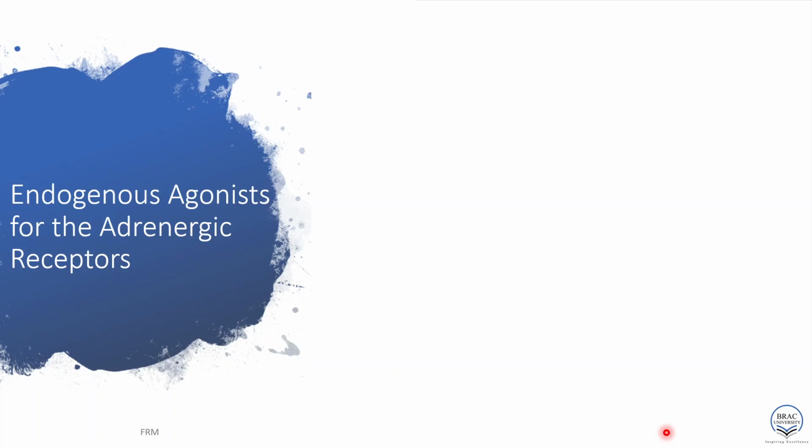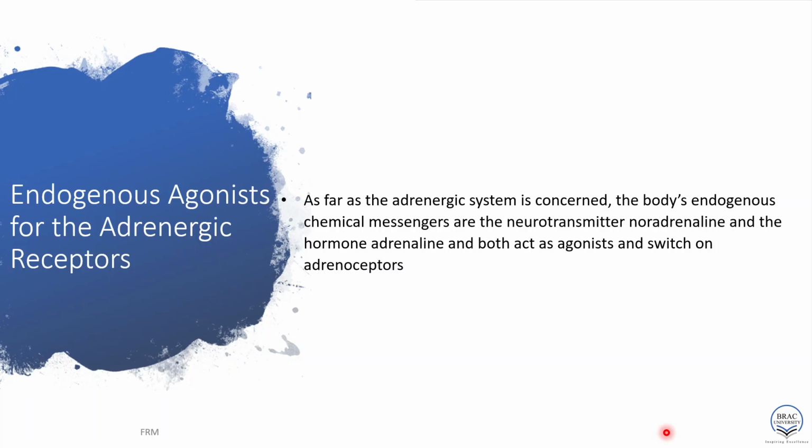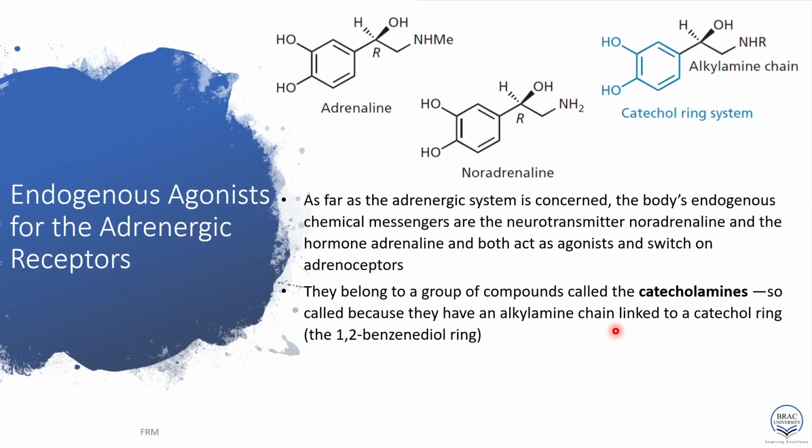We know that adrenaline and noradrenaline, right? Both mainly activate those alpha and beta receptors. They have a common ring. This ring system with double hydroxyl groups on this benzene ring is called catechol.